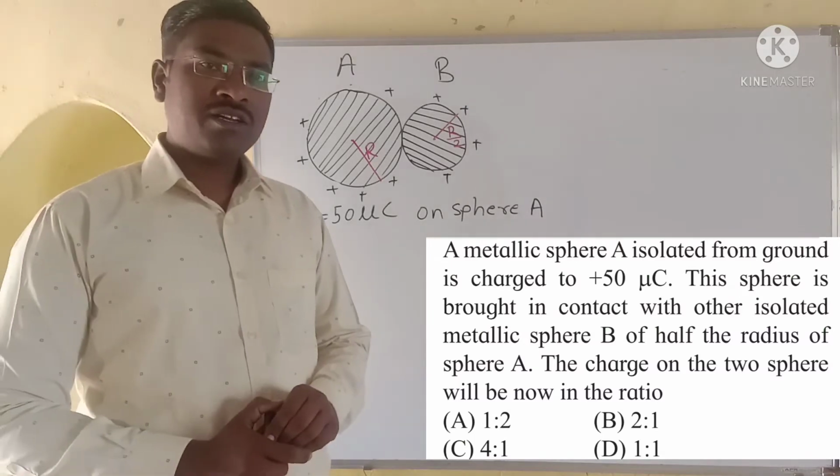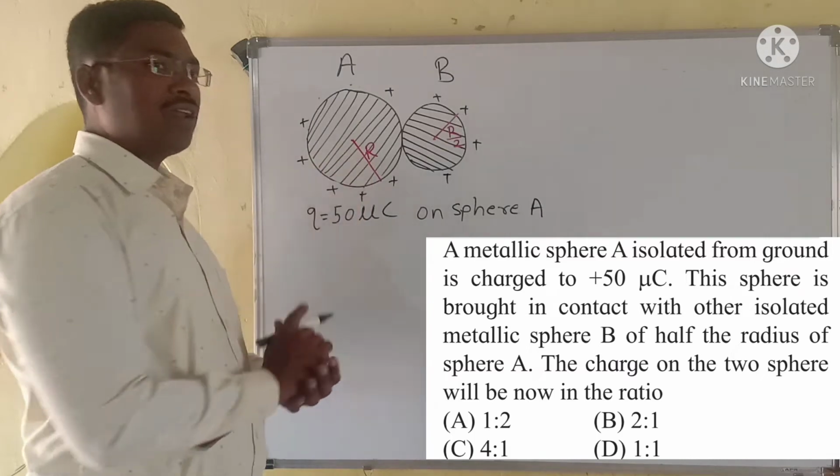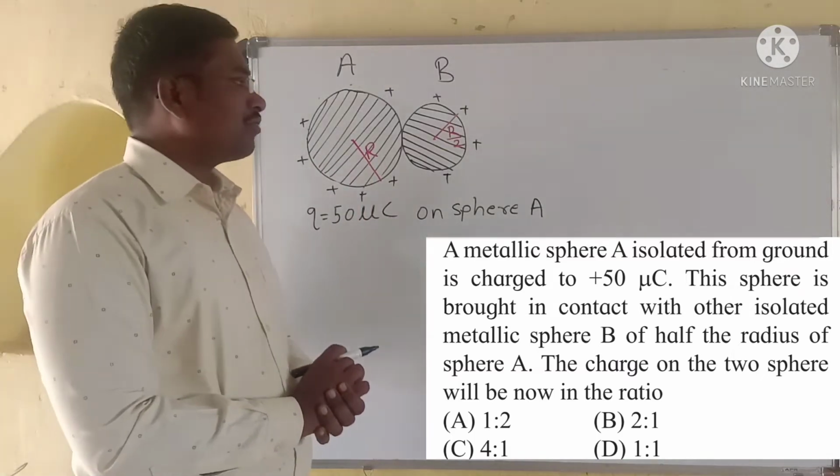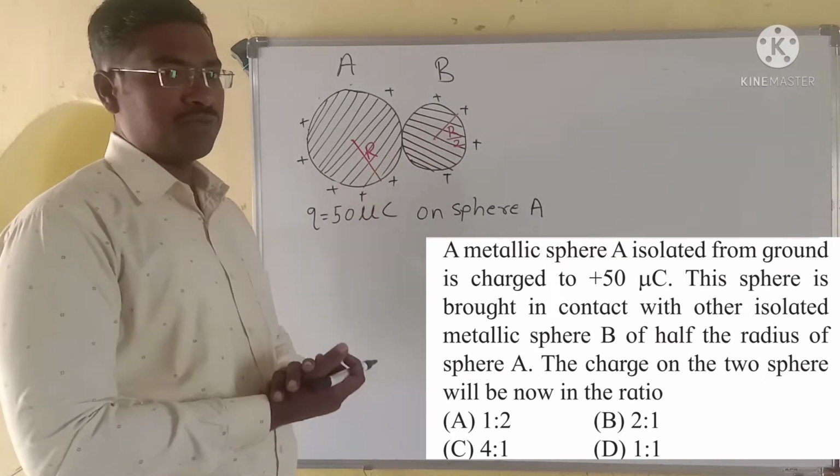We are given a metallic sphere A which has radius capital R, and another metallic sphere B which has radius R by 2.